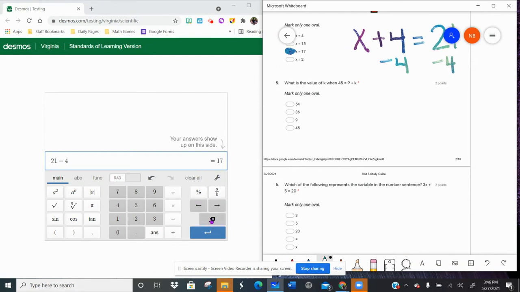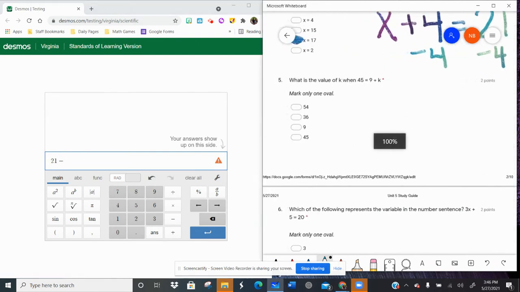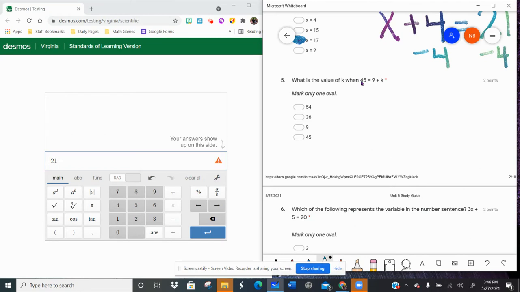All right, let's look at this next one. It says, what is the value of k? It says 45 equals 9 plus k. Let's get this a little bigger. 45 equals 9 plus k. I look at the side that's with the variable, and I look to see who the variable's hanging out with. That variable's hanging out with positive 9. The opposite of positive 9 would be negative 9.